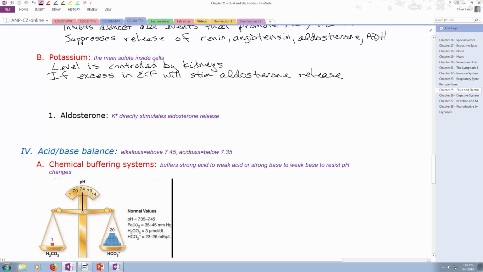The problem is if we have excess potassium in our extracellular fluid, this affects our ability to repolarize.